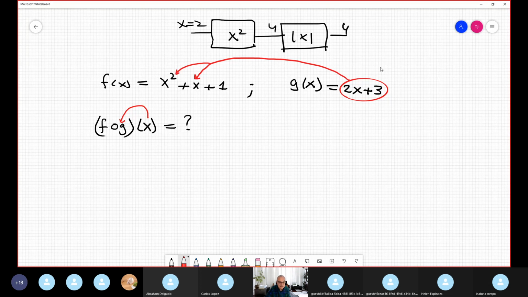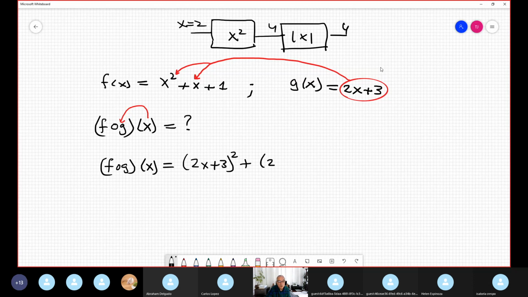So basically, in order to find the expression f composition g, the thing we are doing is replacing x in f with the entire g into the f of x. Basically, it's 2x plus 3 squared plus 2x plus 3 plus 1.